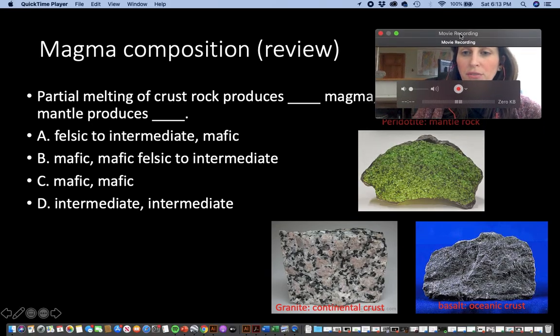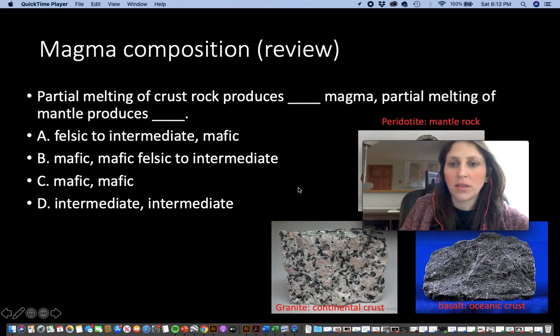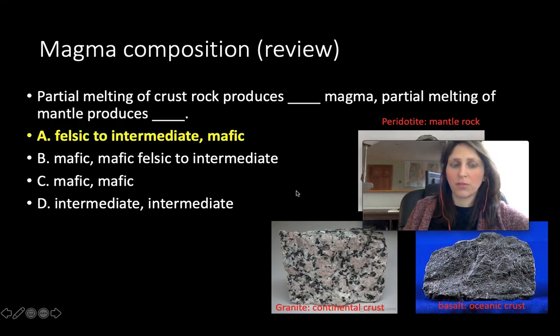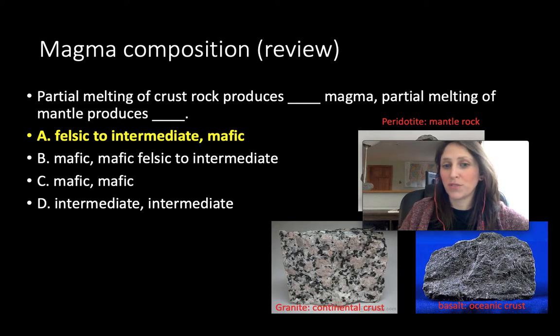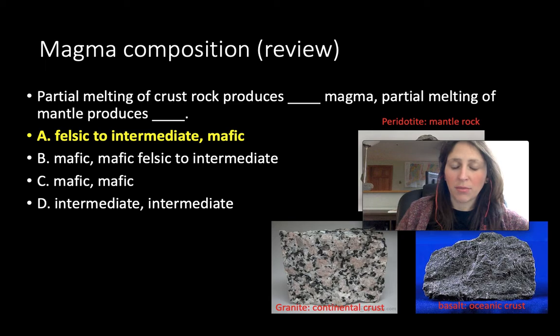Okay, so a little bit of review. Partial melting of crust produces blank type of magma. Partial melting of mantle produces what? Okay, so I'll flip through. Partial melting of the crust produces felsic magma, right? Because you're incorporating all of those silica-rich minerals and rocks into the magma through assimilation and fractional crystallization.